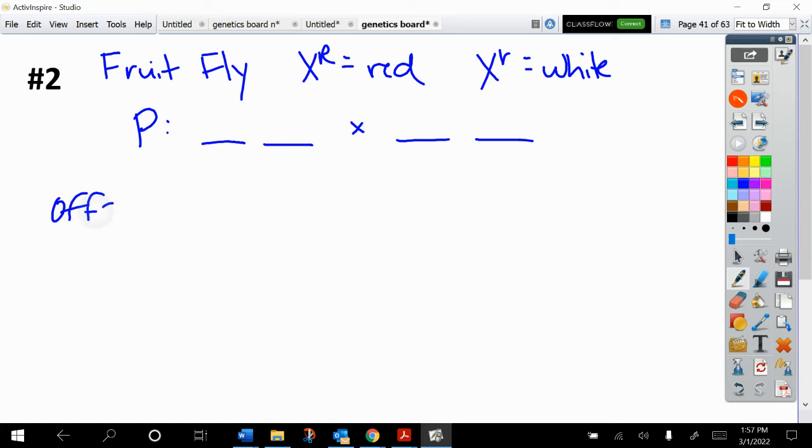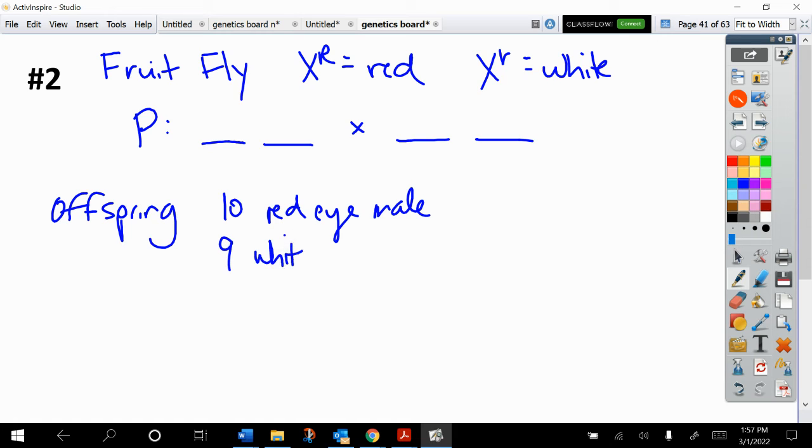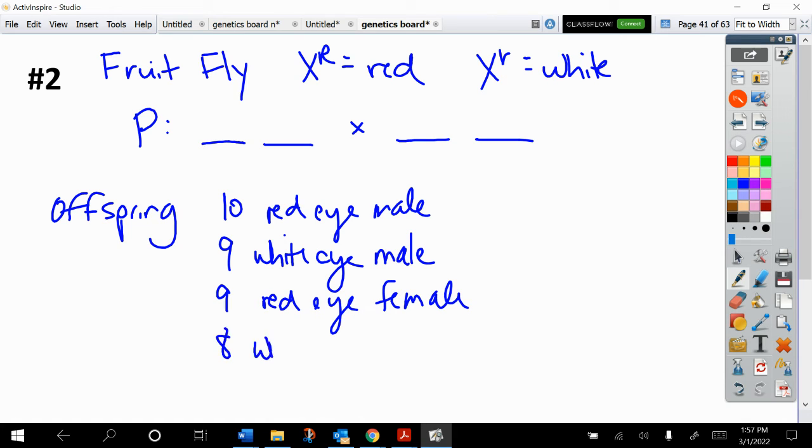We have 10 red-eyed males, 9 white-eyed males, 9 red-eyed females, and 8 white-eyed females. So go ahead and write down the genotypes for each of the offspring.